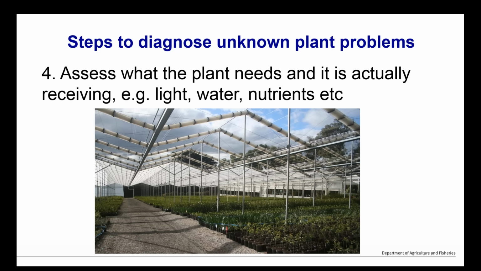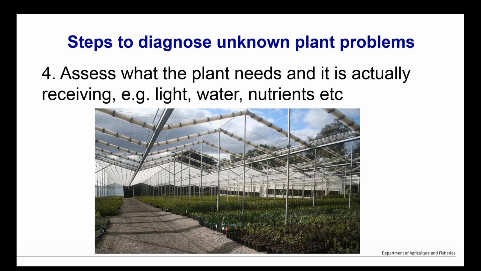For those crops that have been researched, particularly overseas, let's say in Europe, where the flowers and the various crop lines have been well characterized, it's easy to find information on the level of light that provides optimum growth, nutrients, water, and growing media. But when you start looking at some of our native Australian plants, there's sometimes no information out there. And you have to be a researcher in some cases, which leads to the next steps.